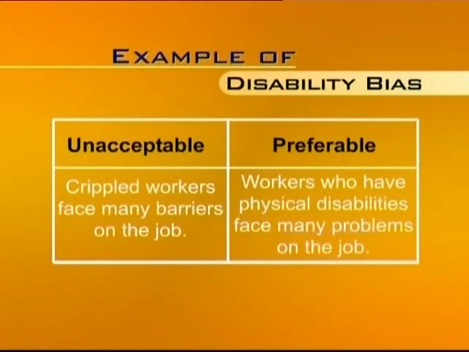If you want to express the same idea, it would be better to say workers who have physical disabilities face many problems on the job. Substituting the word crippled by people who have physical disabilities sounds much better. It is more acceptable, because it shows that you are aware of their problem, but you're not talking of it negatively.